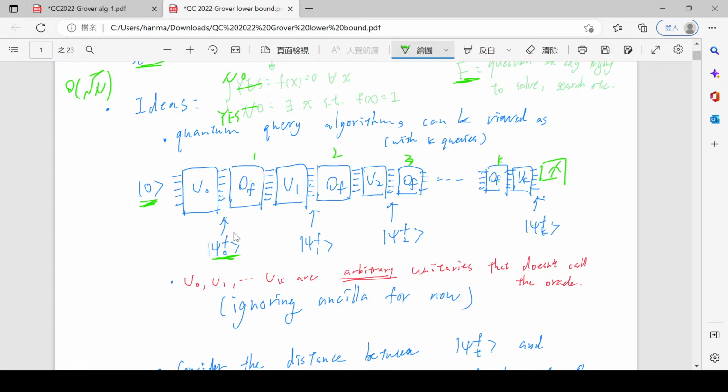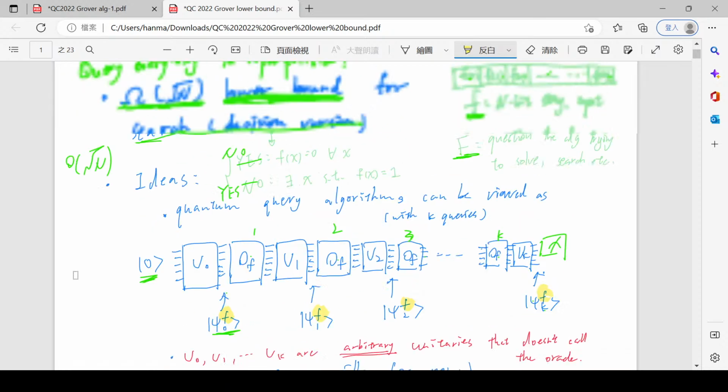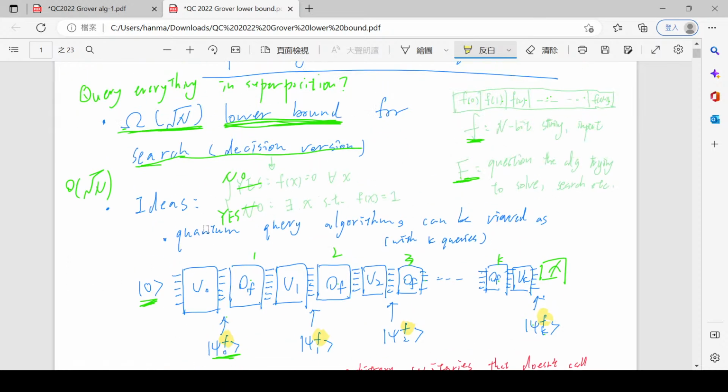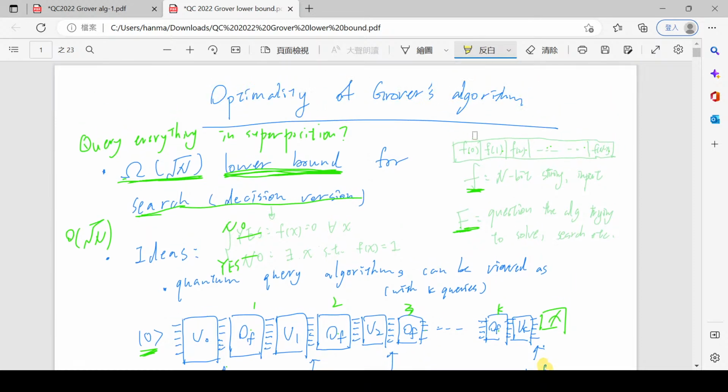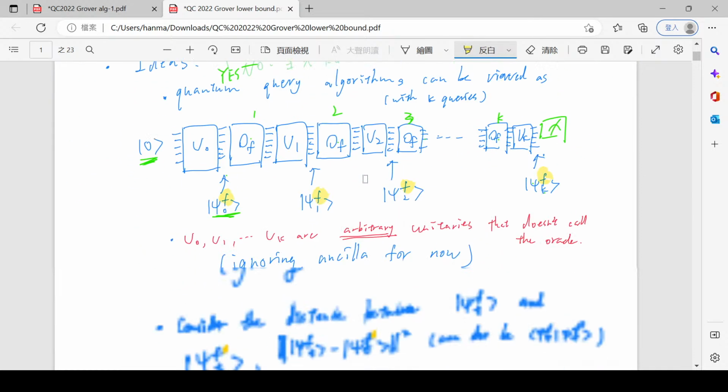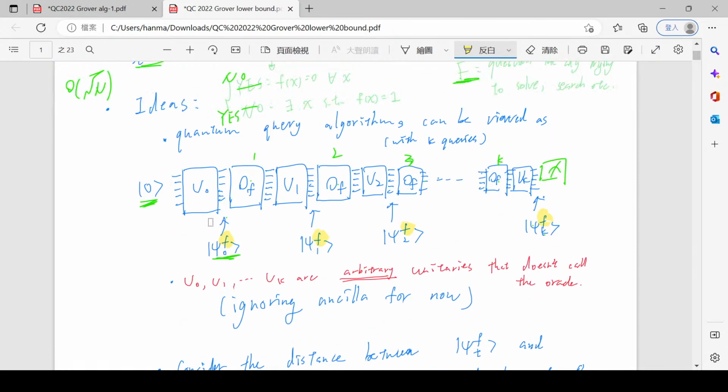So we have this superscript f here, and this is the important part. The state depends on your input string, and that makes sense because your oracle depends on this bigger input string. So different input strings hopefully will give you different states.